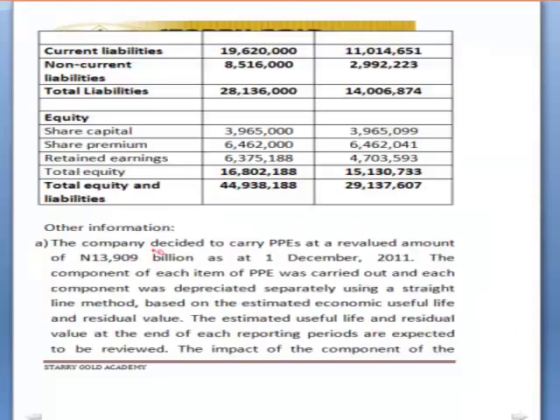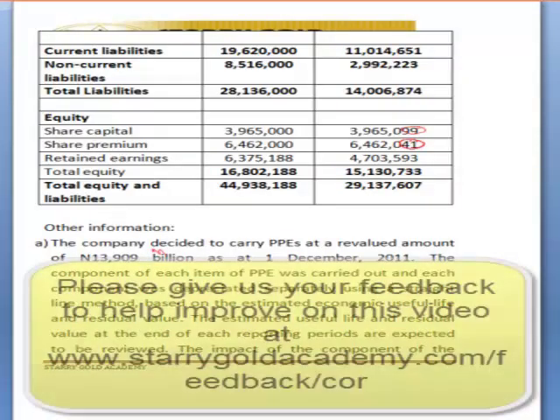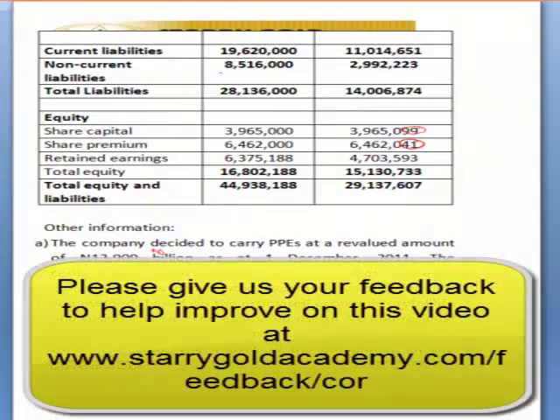Now it should have credited bank or cash. So let's look at the implication on his financial report. You will see that that explains what he has here, and what we have here. So we need to take it out from here and include it as part of our bank or cash.